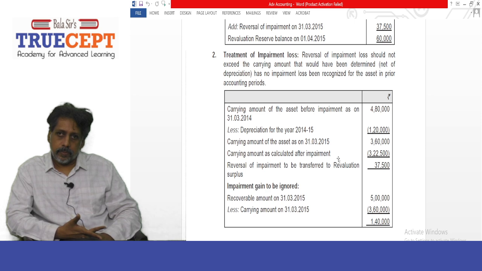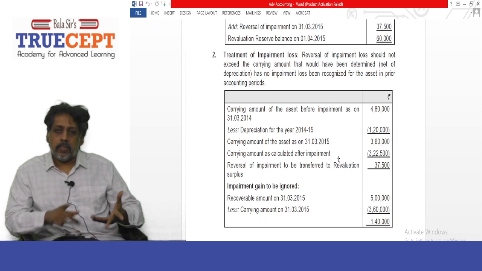So first, carrying amount 4,80,000 before impairment, less depreciation for the year 2014-15, which is 1,20,000, nothing but dividing by 4. So the carrying amount on 31st March 2015 is 3,60,000. Then the carrying amount as calculated after impairment is 3,22,500.